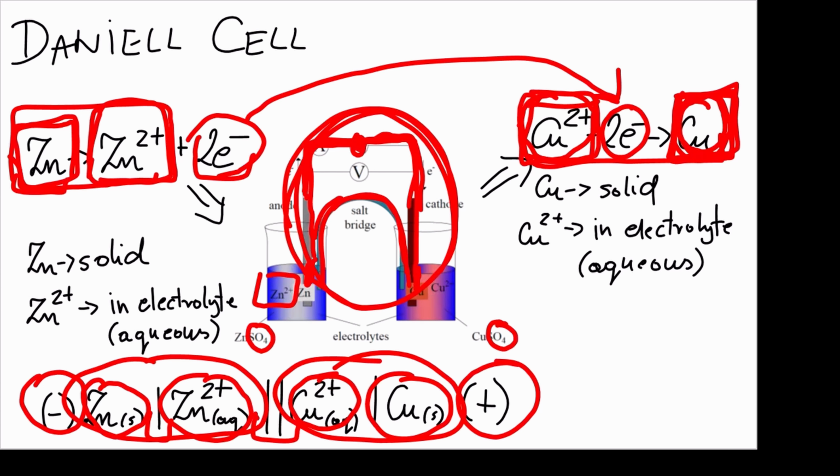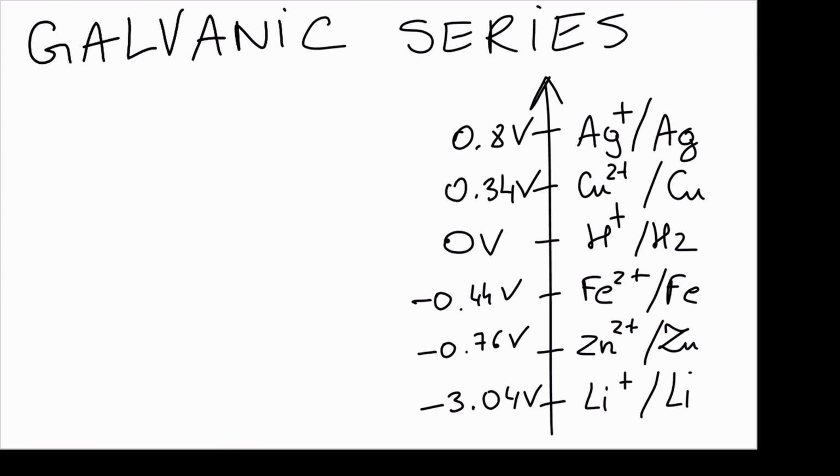You are probably wondering why such a configuration in the Daniell cell. I mean, why zinc is an anode and copper is a cathode. Why could it not be in reverse, yes? So it results from the galvanic series.